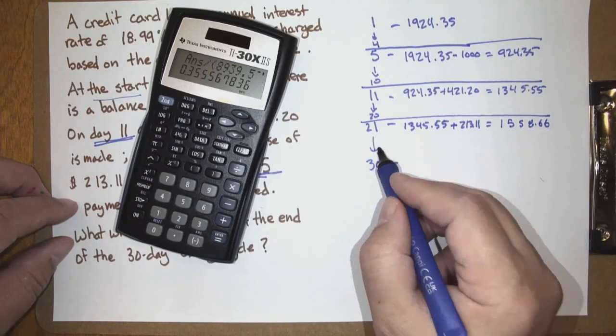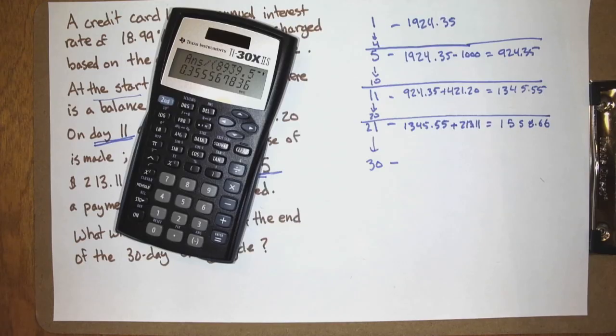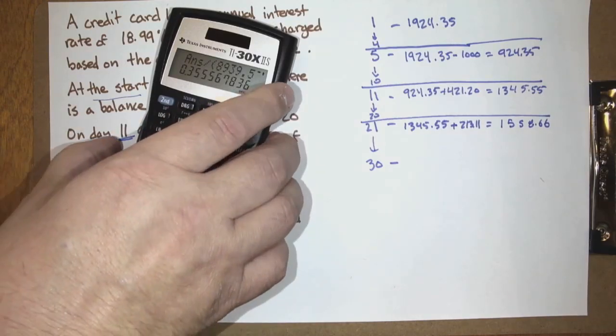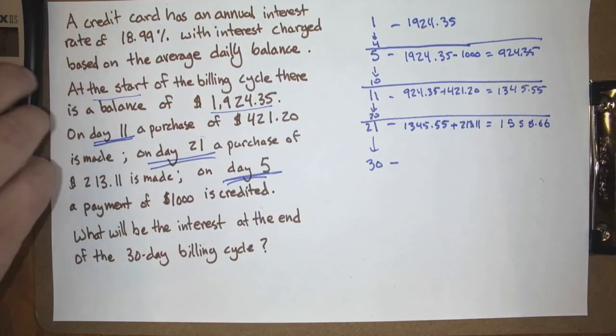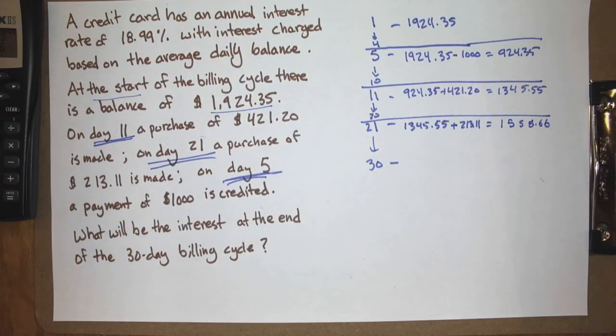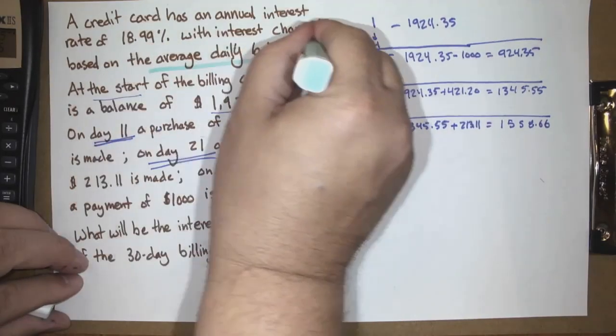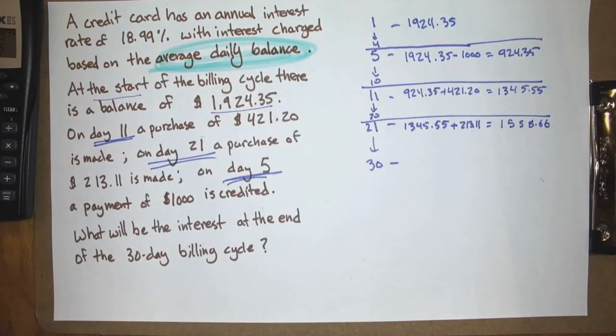And that's true all the way through day 30. Now, why are we doing all this? What is it we need to do to figure out our interest? We need to figure out the average daily balance. So I need to know how much there is each day, then take the average.